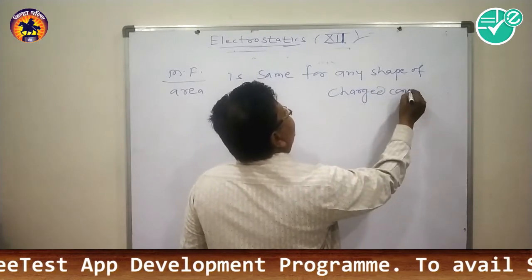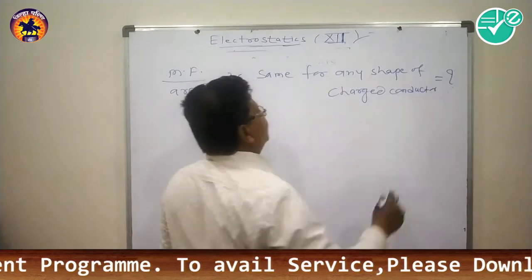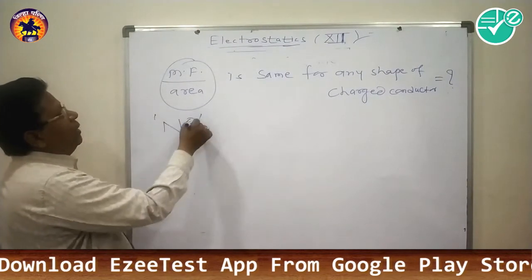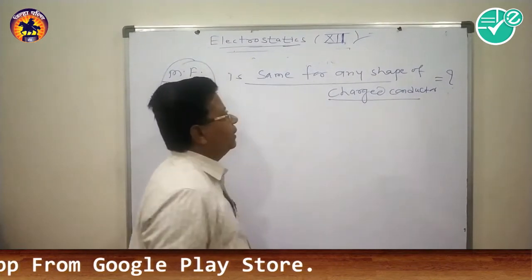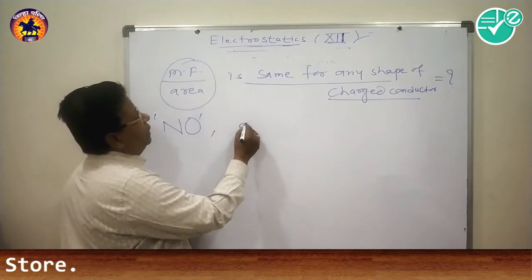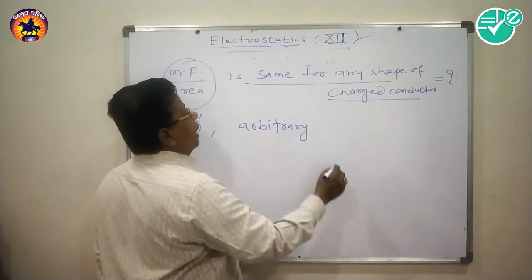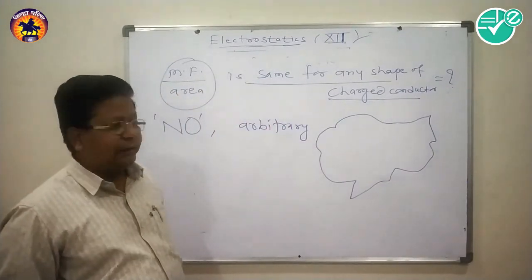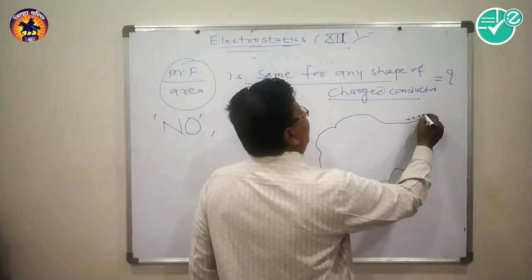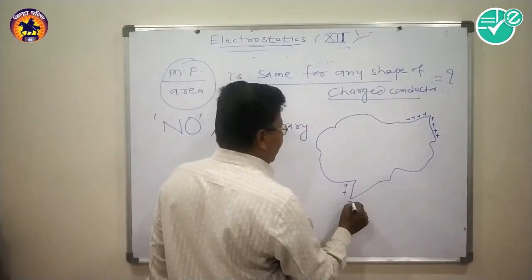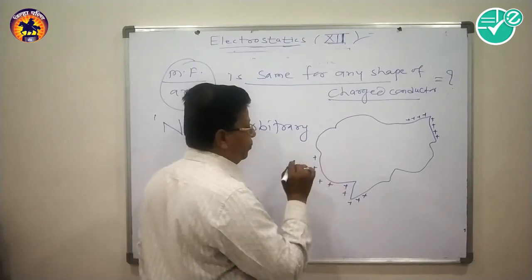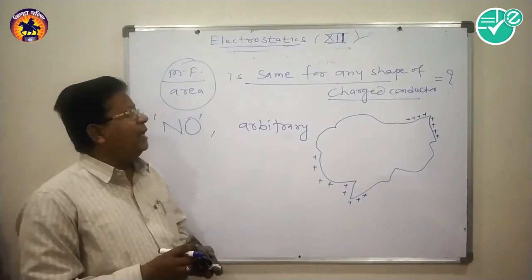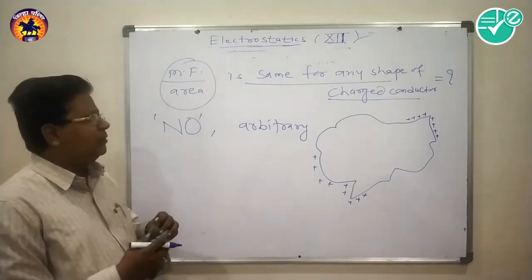This is the question, and the answer to this question is no. The force per unit area is not the same for any shape of the charged conductor, because if the conductor is arbitrary, that means the shape of the conductor has so many pointed parts, and we know that the charges near the pointed parts are closely distributed and charges on the curved parts are widely distributed, and hence the mechanical force per unit area is not the same for any shape of the conductor which is charged.